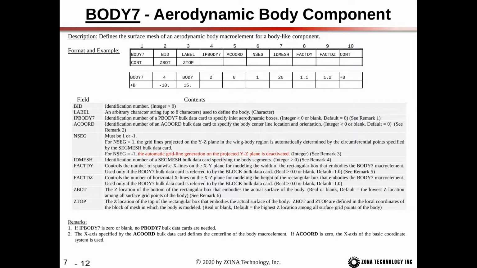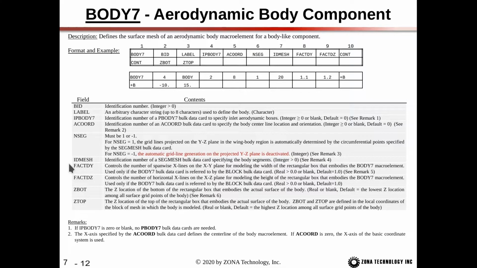And we'll see some examples of that later. But just remember, usually if you have a body alone in a block, NSEG will be +1. If you have a body along with the CAEROZ in a single block of mesh, then NSEG will probably be -1. Next, we have the ID mesh field, which refers to the identification number of a SEGMESH card.